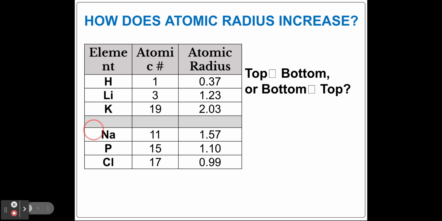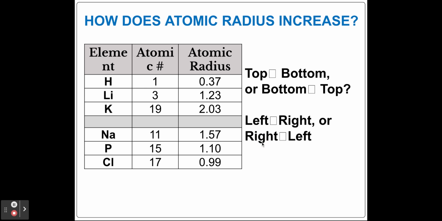Now, if we look at elements in the same period, so if you look at sodium, phosphorus, and chlorine, those are all in period 3. The question here is, is the atomic radius increasing left to right, or right to left? Here we can see sodium is the most left in that period, and it has an atomic radius of 1.57.